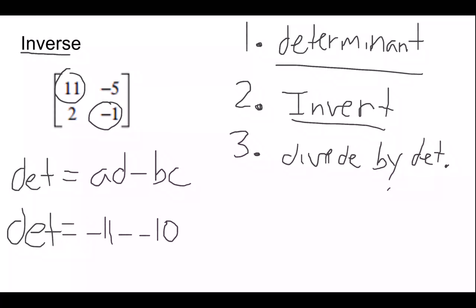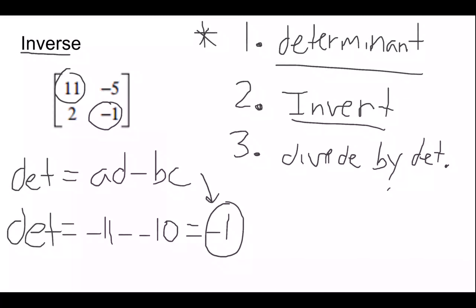And negative 11 minus negative 10 gives me a negative 1. So now I know the determinant is negative 1. So we found the first step, and we know that this has an inverse matrix because this was not 0. So this thing wasn't 0, so we're good.